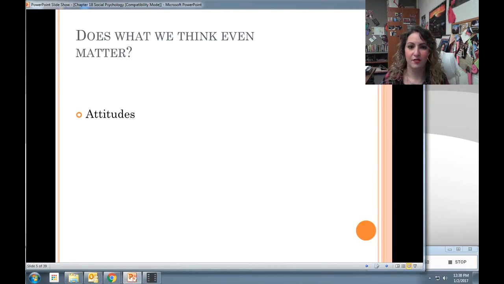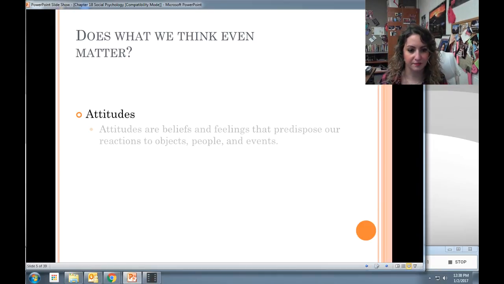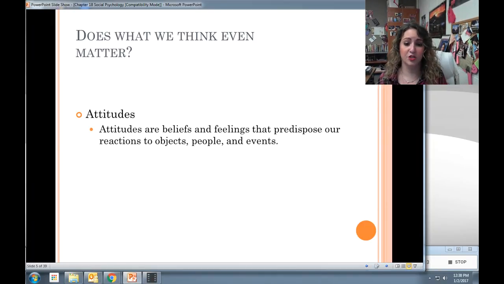The attitude you have for exercise, or the attitude that you have against cheating, the attitude that you have against or for certain things that people are for and against. Because attitudes are just beliefs and feelings that predispose our reactions to objects, people, and events.